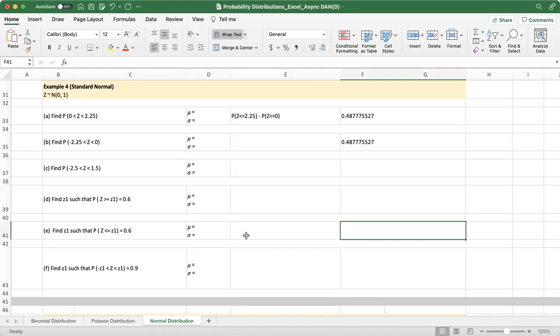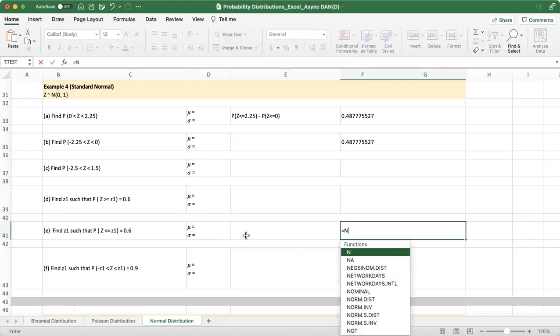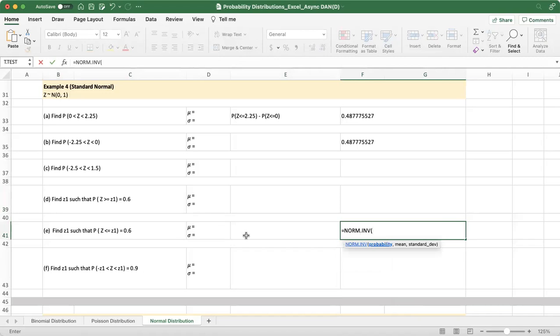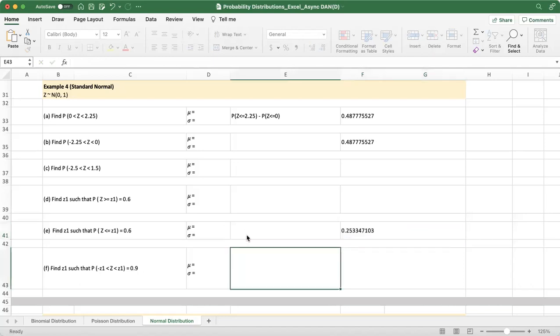And we're going to use the norm.inv function to do this. So norm.inv, the first argument tells us the area to the left of this point, which is 0.6. The mean of standard normal is 0, and standard deviation is 1. And you get the answer 0.25.